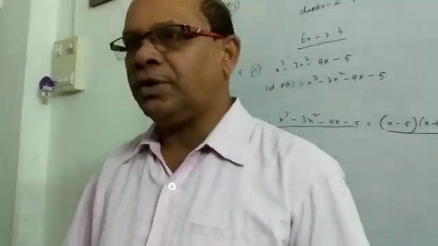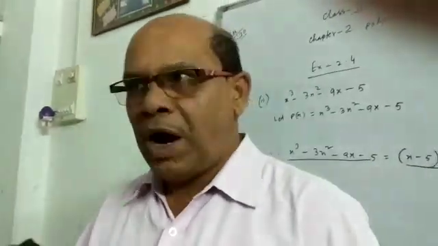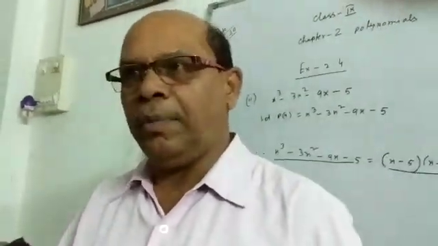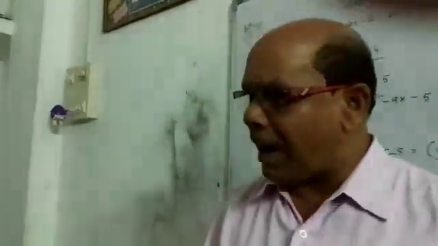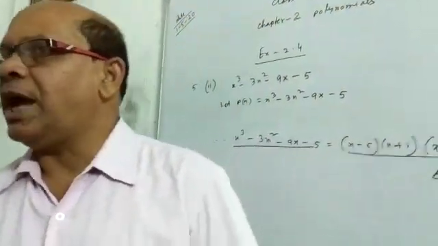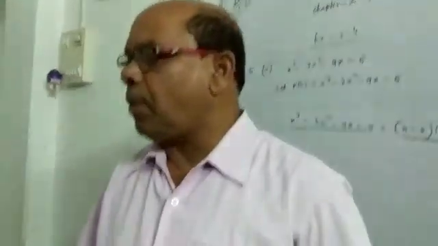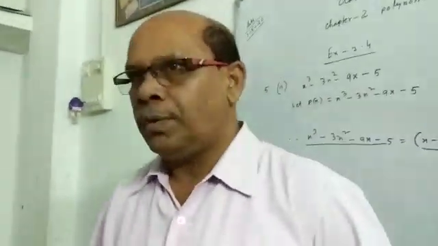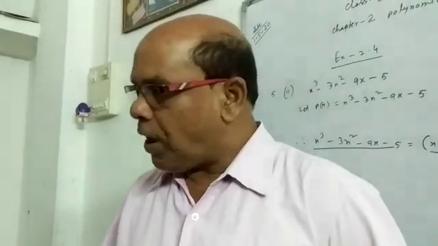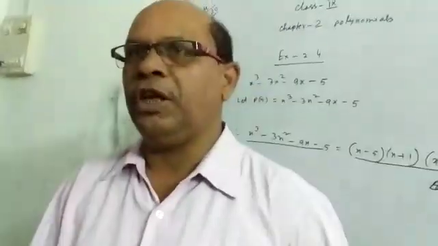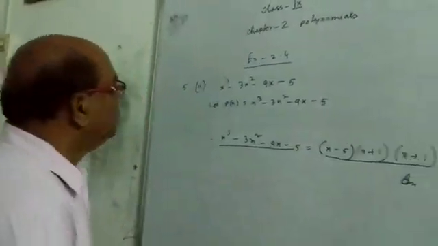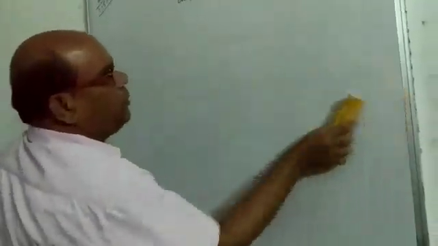Not all identities together; part by part I will give, and then you have to remember and learn it, and practice at home. Then using those identities we will solve the problems of exercise 2.5. Almost all the maths in 2.5 we will solve using the identities.